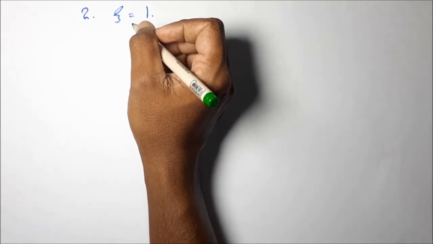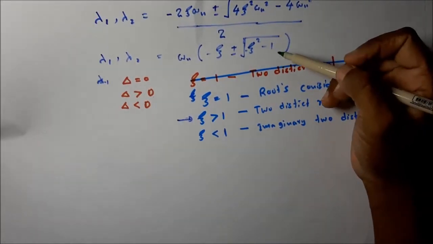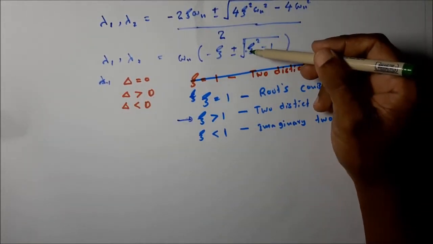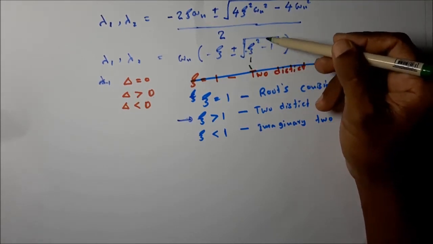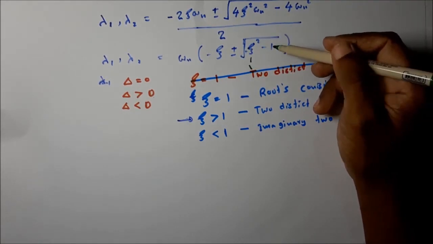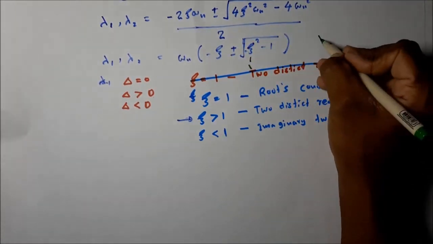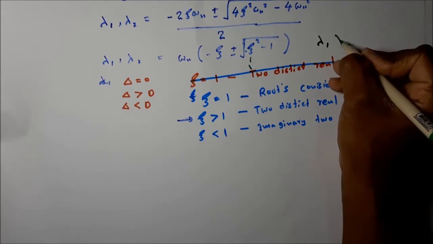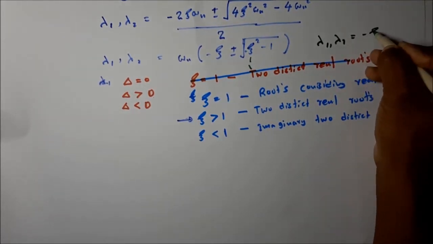For theta equal to 1, this term is equal to 1, so what happens? The inside of the square root becomes 0. Then lambda 1 and lambda 2 are both minus theta omega n.